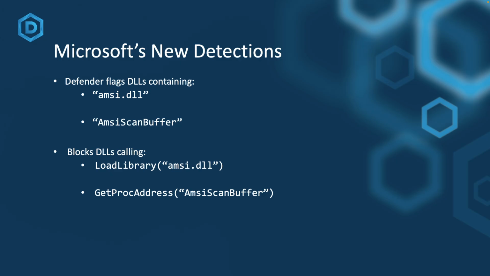These are actual things that Defender will now flag when you try to load in a DLL. If it recognizes those strings, it will flag it as malicious, and then it will also block anything that's calling a LoadLibrary or a GetProcAddress with those same strings as well.